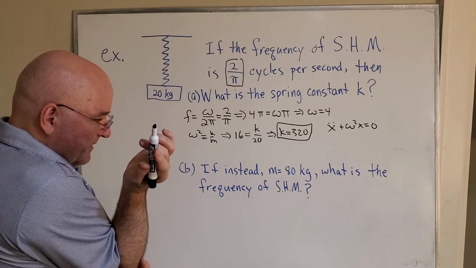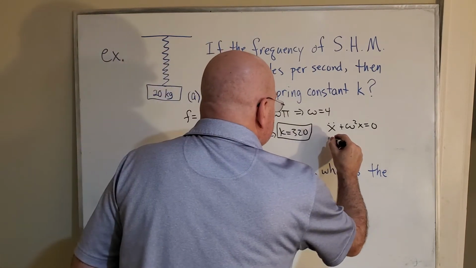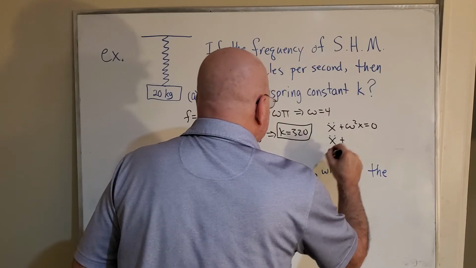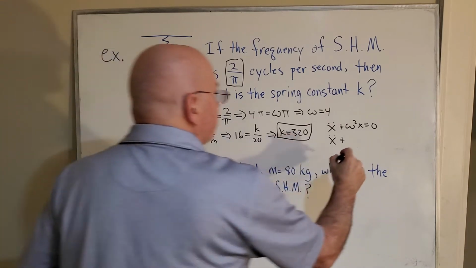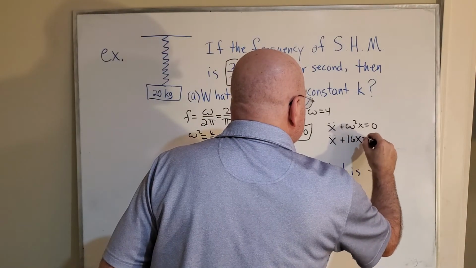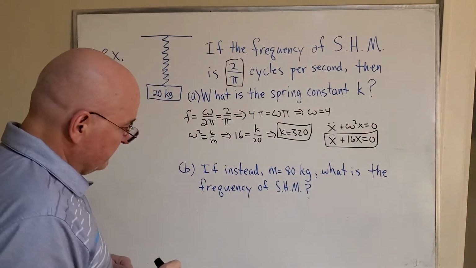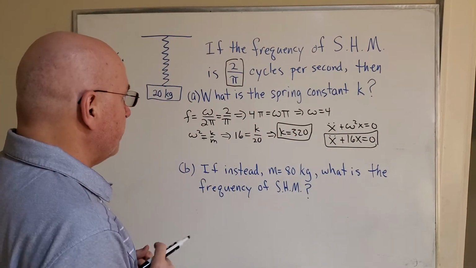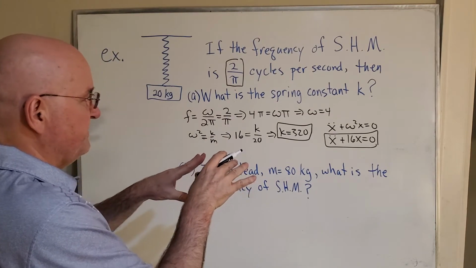So we can solve it. X dot dot plus, omega was 4, so 16x equals 0. I'm just going to circle it. Not sure we'll need it in the next example or not, but that's not the solution. I hope I didn't say that.